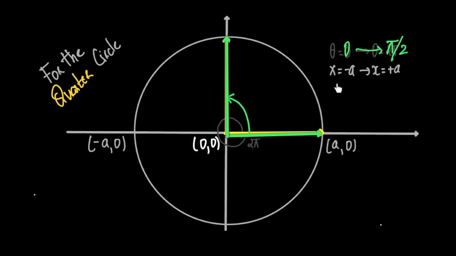And how will x vary? Will it be minus a to a? No. x here has to be, what is this coordinate over here? Let us say this is O, this is A and B. The coordinate of B here would be 0 comma a, and therefore x will vary from a to 0. It will vary from a to 0.